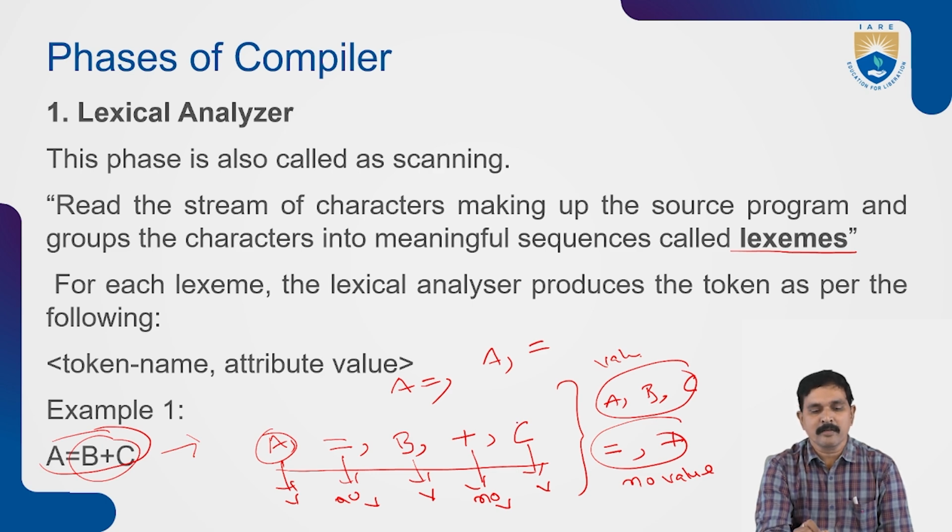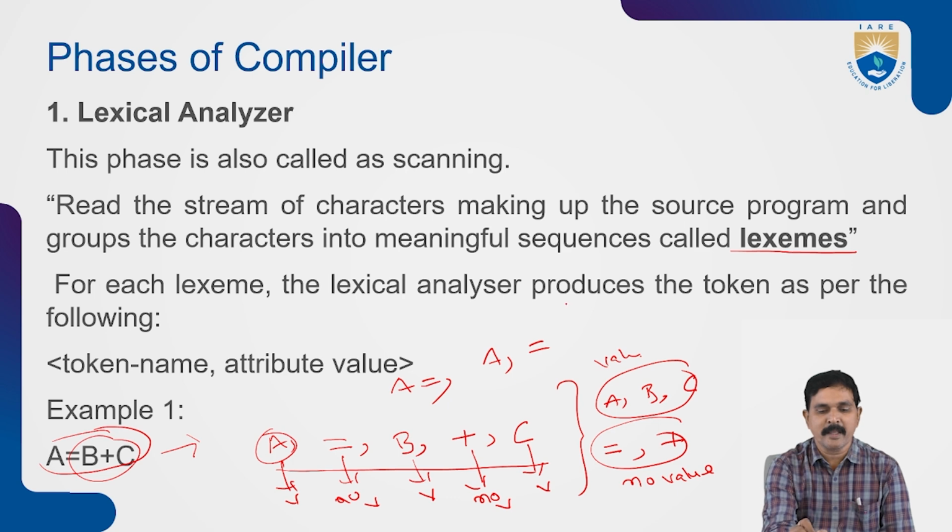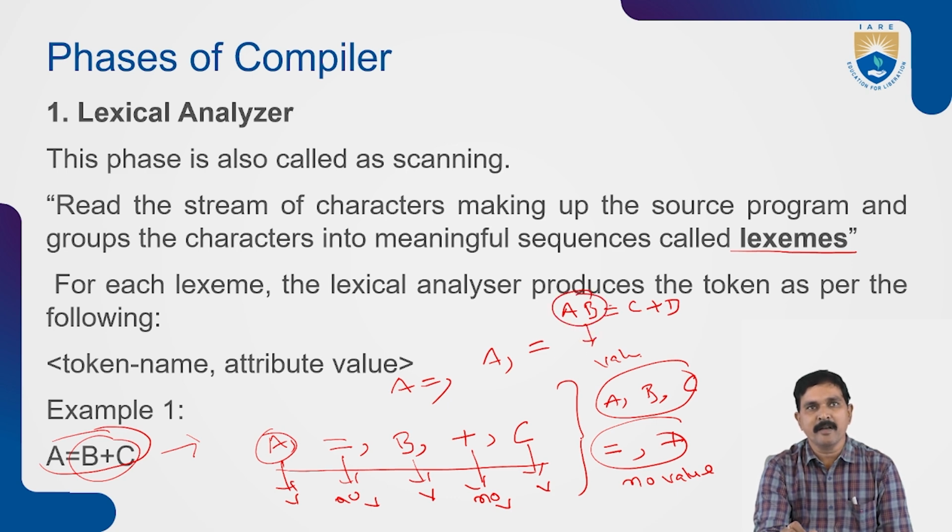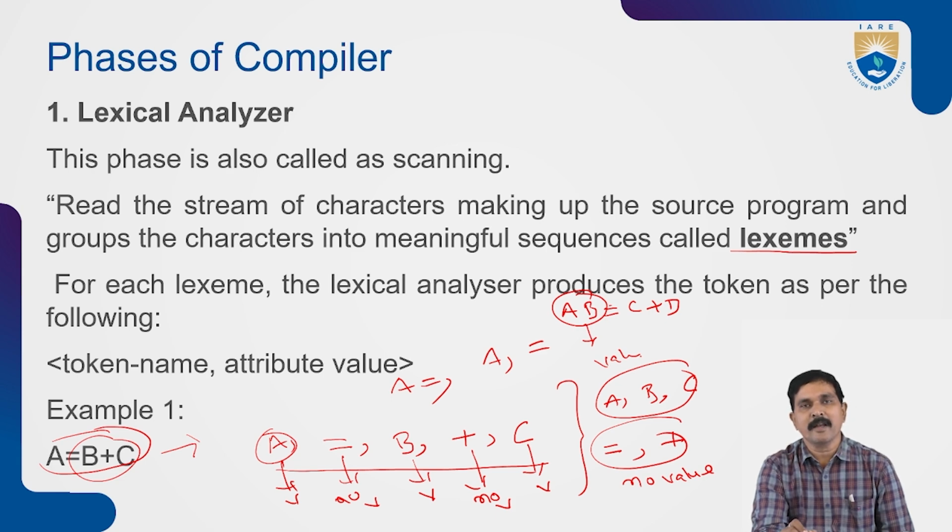You cannot split the variable. Suppose I say AB = C + D. Here AB is considered totally one identifier. As per the identifier rule, you know that AB is totally considered one variable. So the individual tokens are AB as one token, equal is one token, C is another token, plus is another token, D is also another token. Like that we have to divide the programming language statement into meaningful units, meaningful lexemes. That is the beauty of the lexical analyzer.